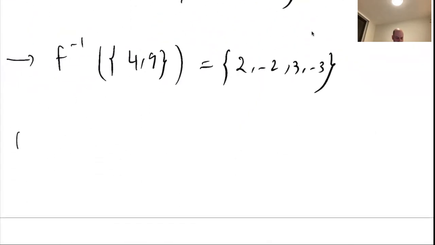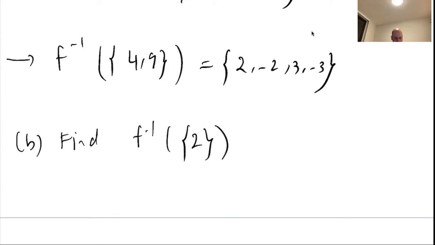Now let's do part B. Find f inverse of, let's say, {2}. f inverse of {2} means the set of all elements a such that a squared belongs to {2}. a squared belongs to {2} means it's 2 itself.